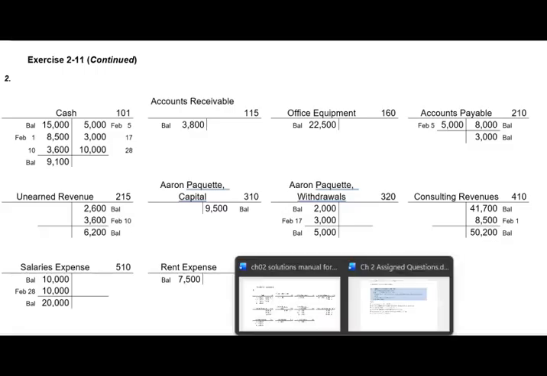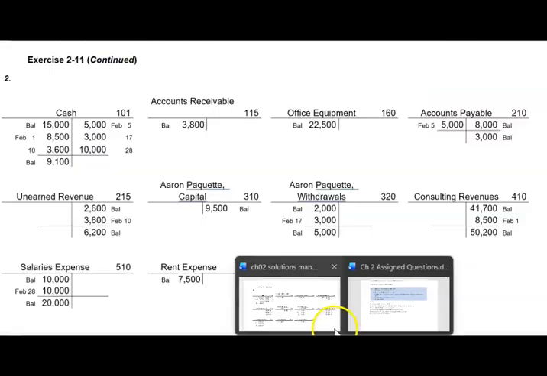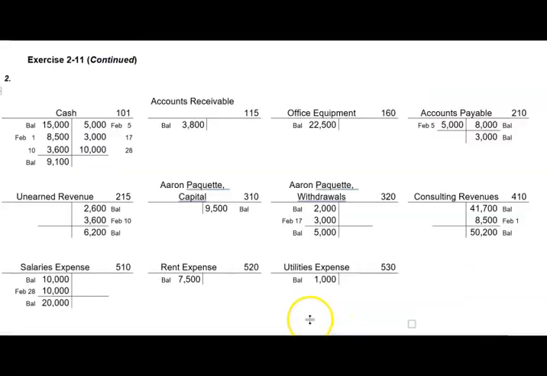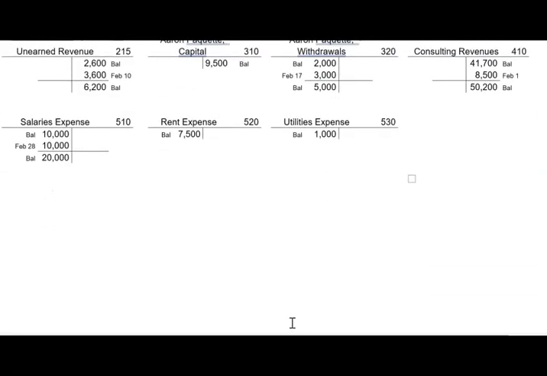Okay, so now we've added those all up. So now it's saying prepare the trial balance based on the balance in your T accounts. So we've got all of the balances in our T accounts, and now we're going to put them in our trial balance. And what we need to do is put our account number, the name of the account, and whether its ending balance is a debit or credit.